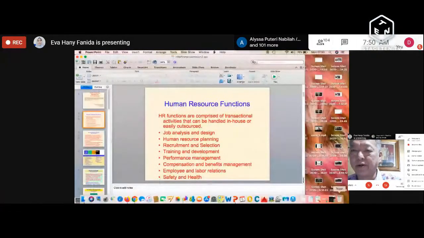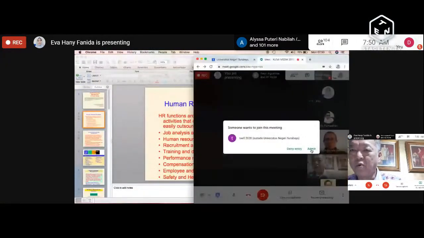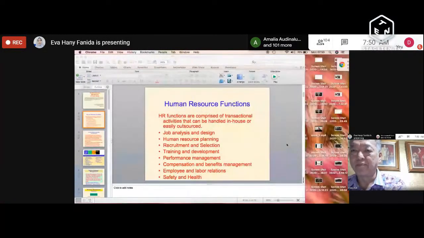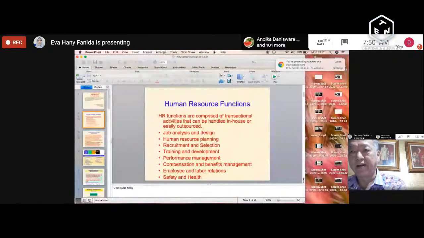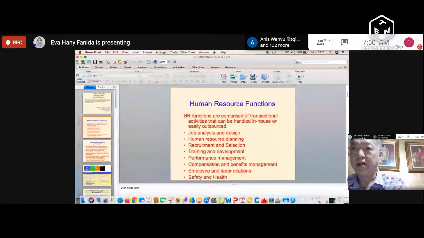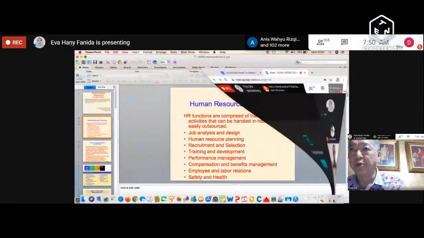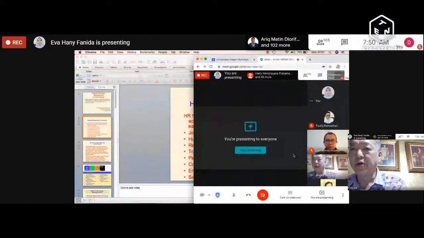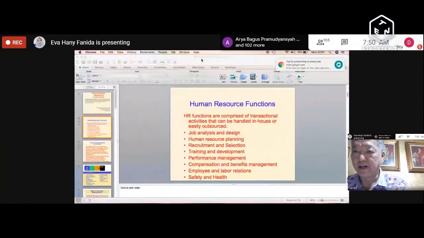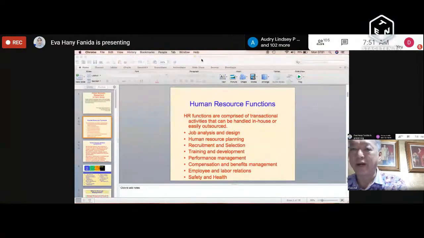For example, sometimes we might have more people than jobs, so we call it labor surplus. And in some years, our organizations need more people because we have more jobs to do. In that case, we call it labor shortage. So we will talk about this next week as well.